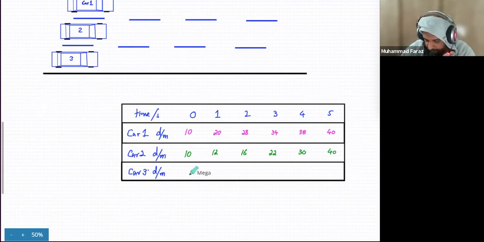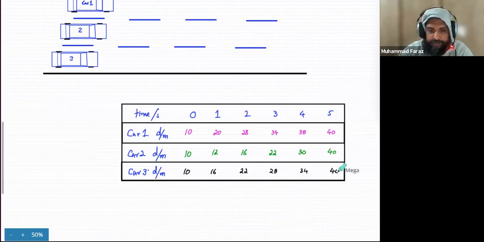Car number three has traveled 10, 16, 22, 28, 34, and 40 meters of distance.